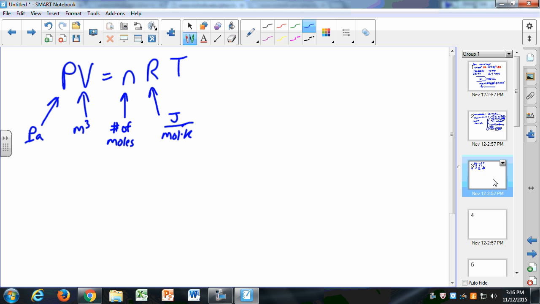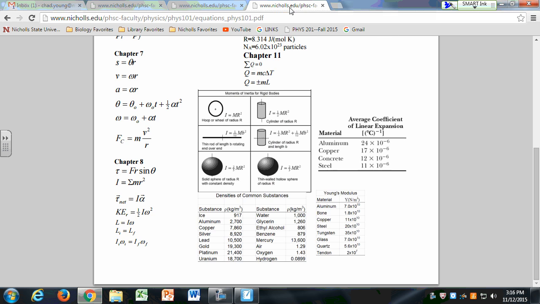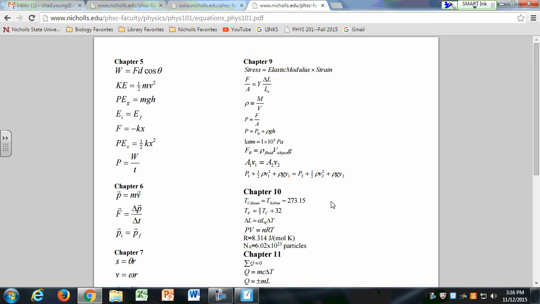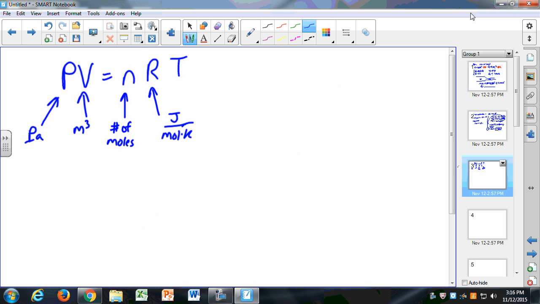I think that's right. It's on your equation sheet. Yeah, joules per mole Kelvin. That's your gas constant. And then T has to be in Kelvin.